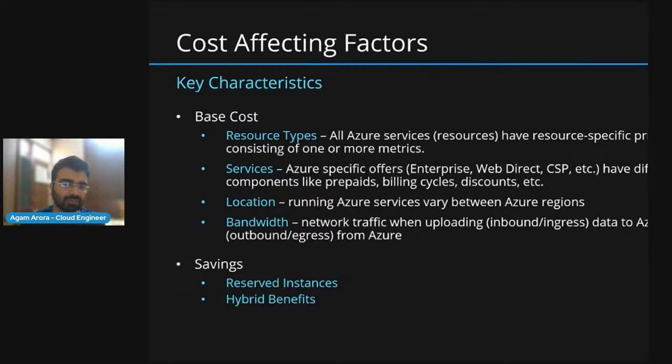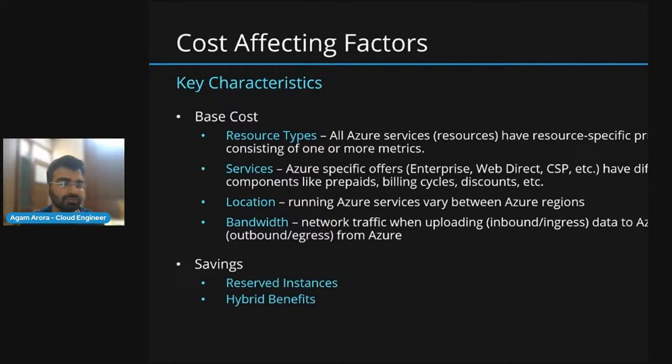And the last point is the savings. Instead of the pay-as-you-go model, we can use reserved instances, because here we reserve the virtual machines for a 1 year or 3 year term, and for that we get a considerable discount. The condition is that virtual machines running 24/7 can be shifted to reserved instances.